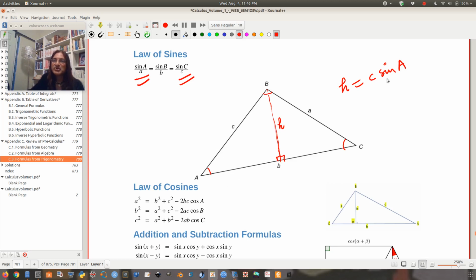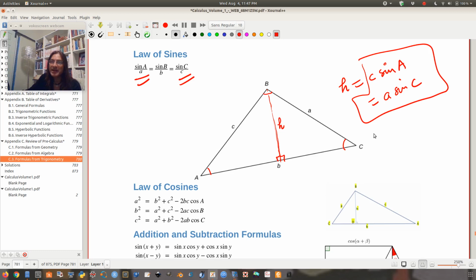Why? Because sine A is height, or opposite, over the hypotenuse. H over c is sine A. Therefore, H is c sine A. But this is also equal to, if you look at this side, a sine C. Now compare these two, and you can see that sine A over a, just taking over a, is equal to sine C over c.